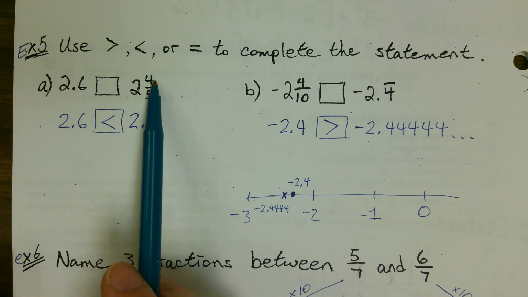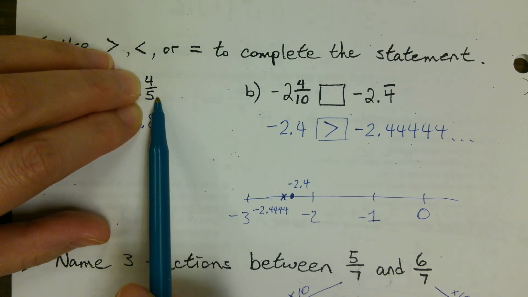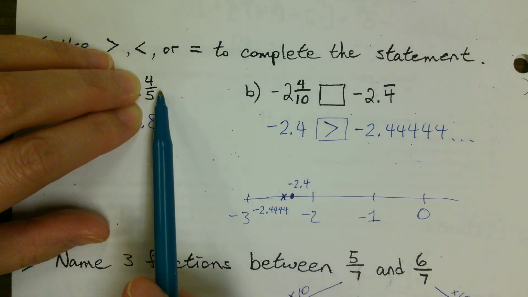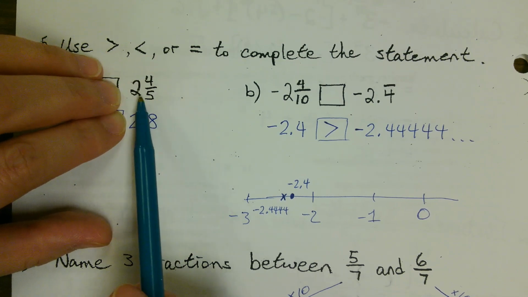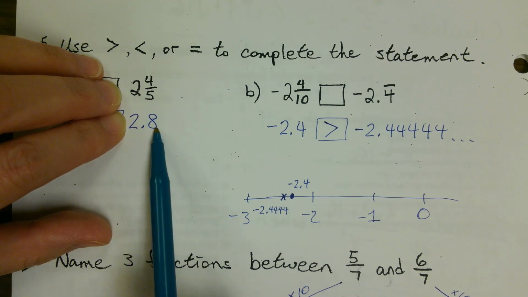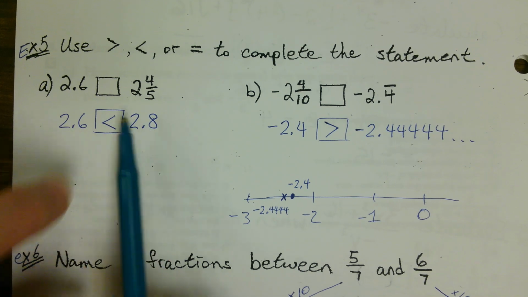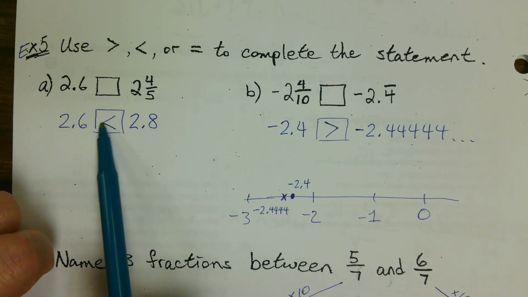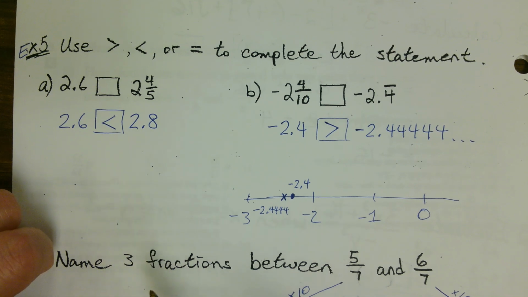So for 4 over 5, on your calculator, you could do 4 divided by 5. It means the same thing. So on your calculator, when you do 4 divided by 5, you get 0.8. So that means this decimal, 2.8. So now if you compare 2.8 and 2.6, you can see that it's the less than sign. 2.6 is less than 2.8.